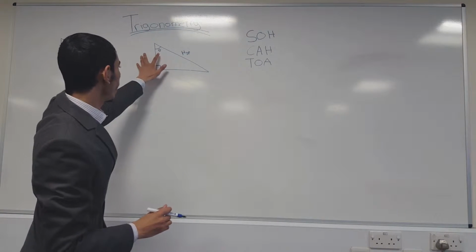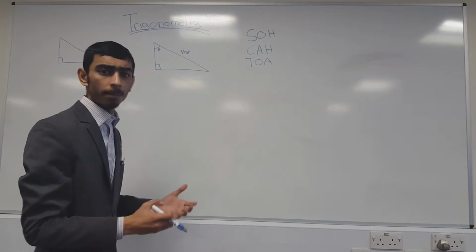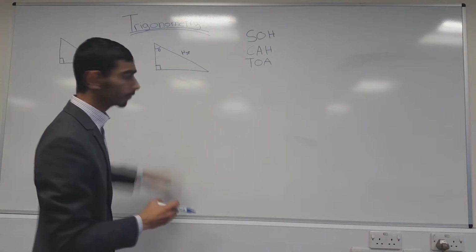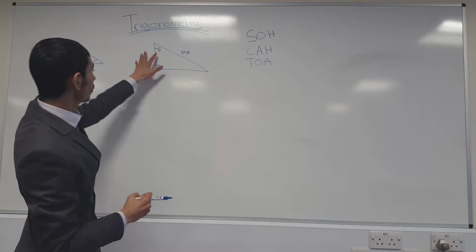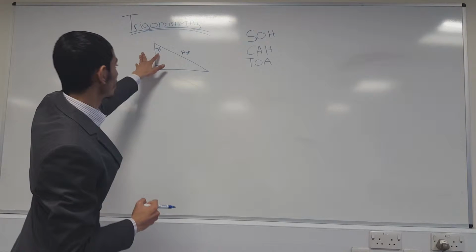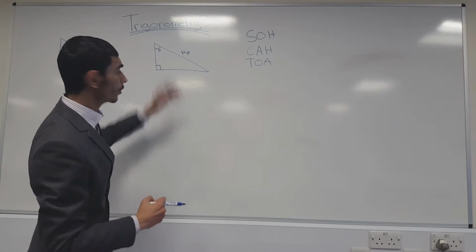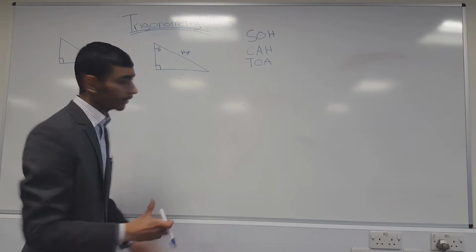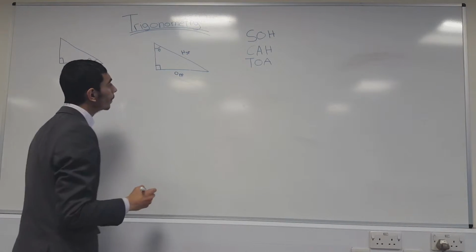The reason why I was talking about the angle theta is because that helps us determine what the other two sides of the triangle are going to be labeled. So this is the angle theta. Now the side exactly opposite to it is going to be called the opposite. Again, I'm just going to abbreviate that to OPP.